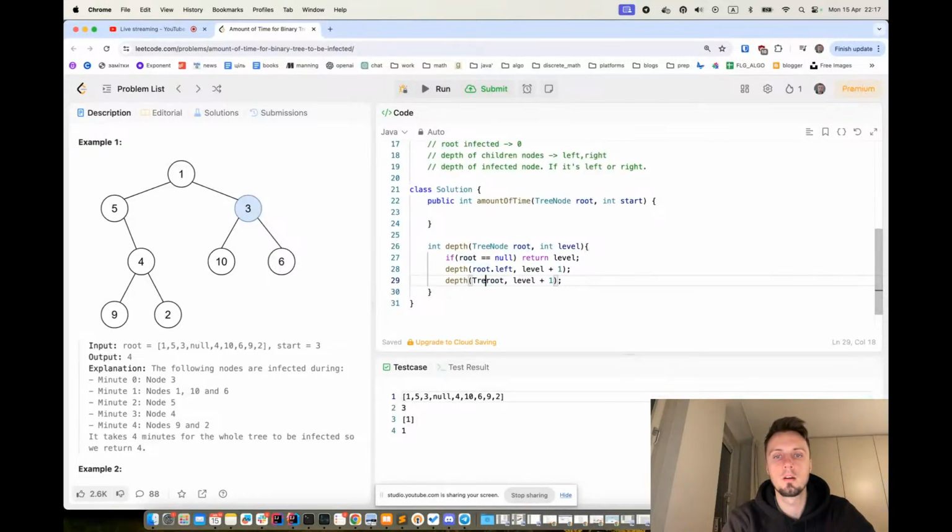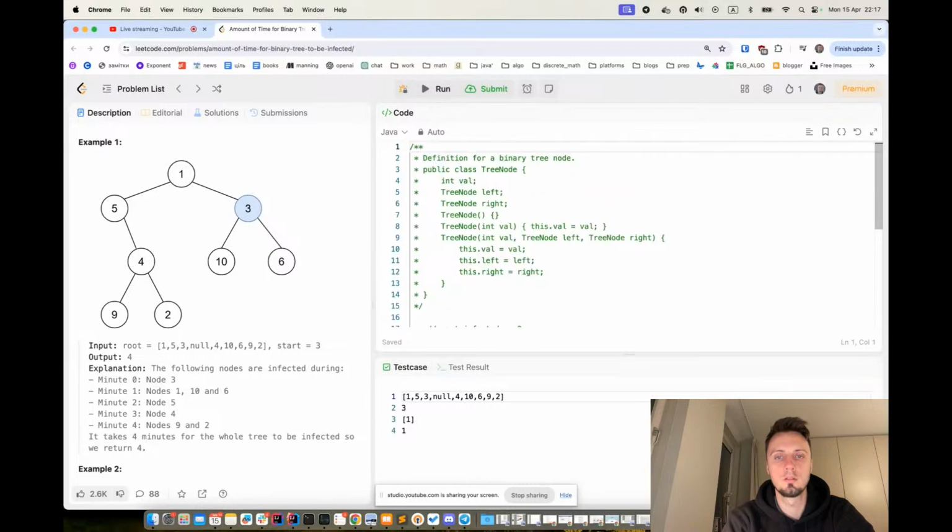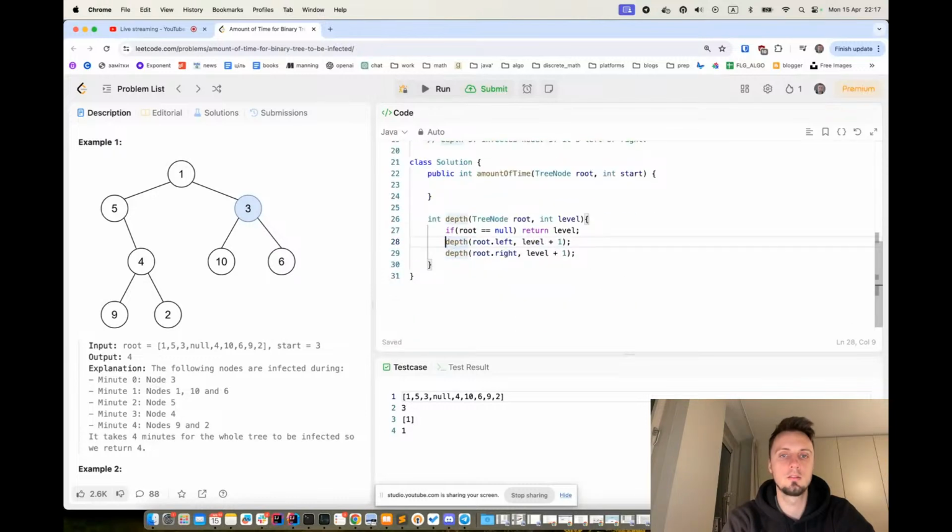Here it will be int left, int right, and we return the maximum of left and right.